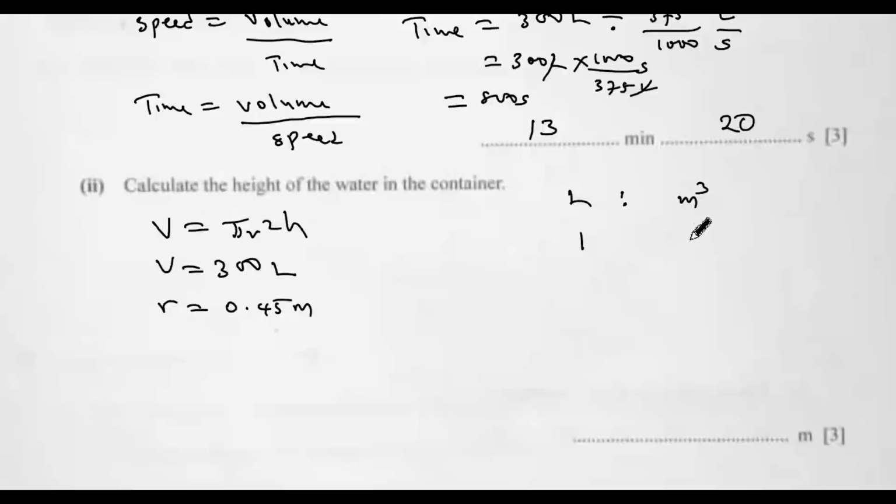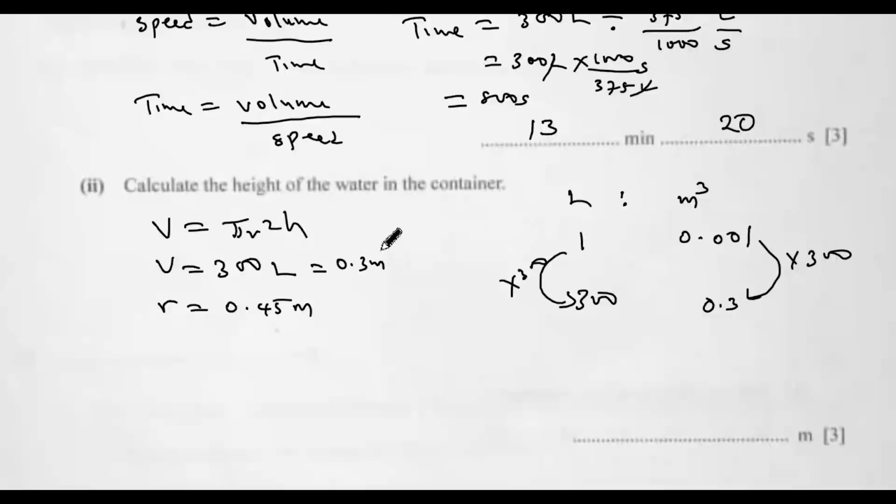So 1 liter will give you 0.001 meter cube. We want to get the equivalent of 300 liters, so you say times 300 here, and the same thing must be done here, times 300. So if you do this, this will give you 0.3. So that means 300 liters is the same thing as 0.3 meter cube.